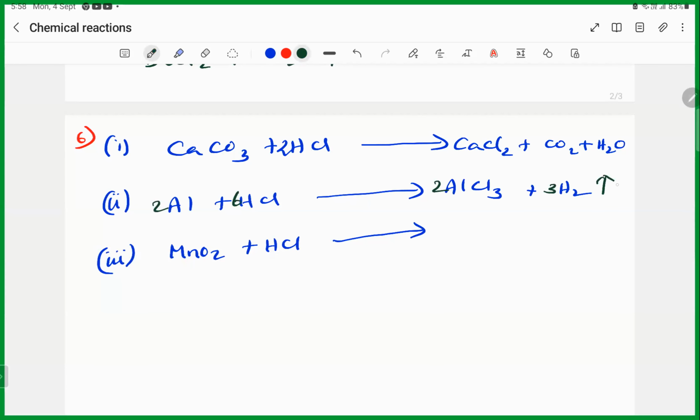Good. Gas. இது aqueous. Solid. Gas. Liquid. Aqueous. Solid. Solid. Aqueous. Okay.